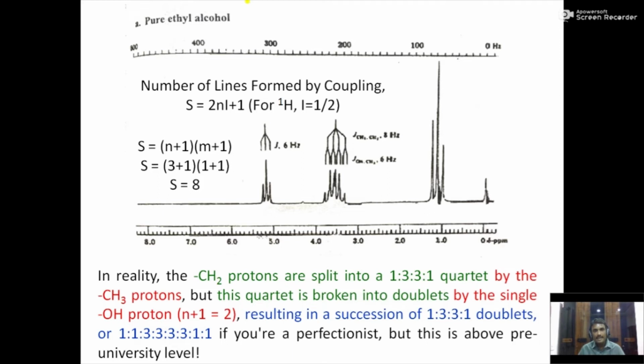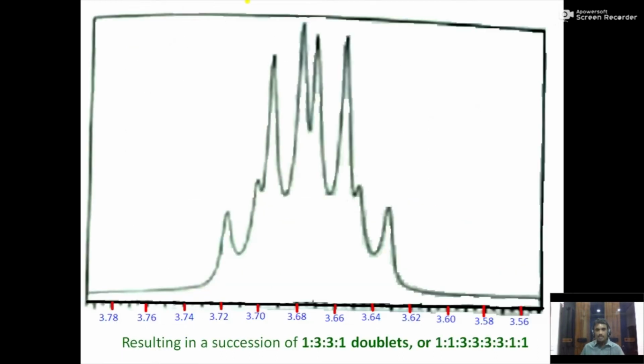But here, in case of absolute alcohol, you have to keep in mind that it results in a succession of 1:1, 3:3, 3:3, 1:1 doublets. The resulting image of the signal I have shown here.